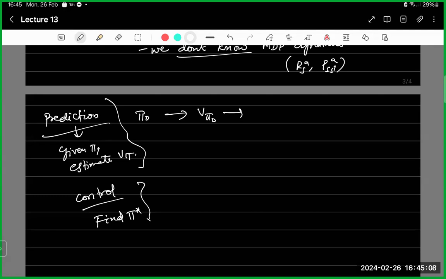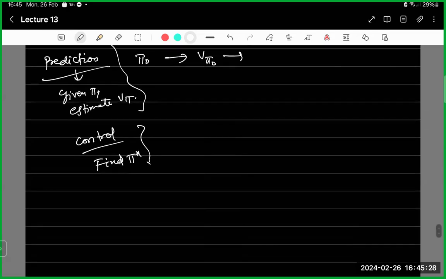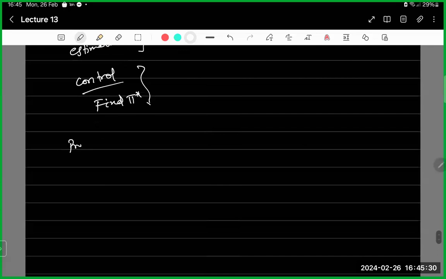That's the aim: how to control the agent, what actions to take, what policy we should use. That is finding pi star. The prediction problem is where someone has given you a policy to use, and you want to just estimate how good is that policy.